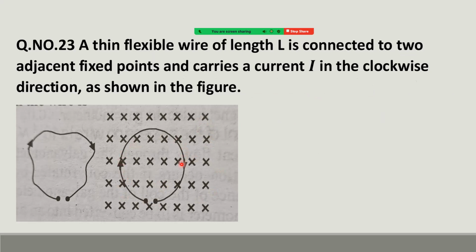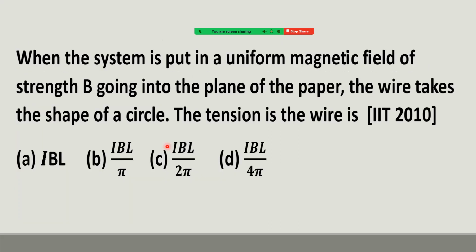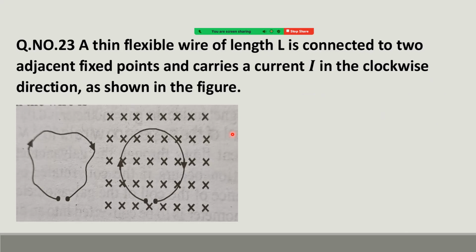You can see the previous question and this question are both the same, right? See carefully. Direction of field into the paper, current clockwise. The only thing is that here we have to calculate tension, right? Let us see how to start. Into the paper, clockwise.